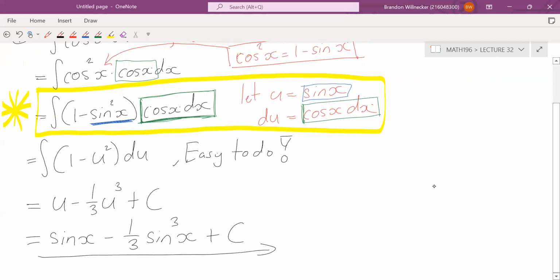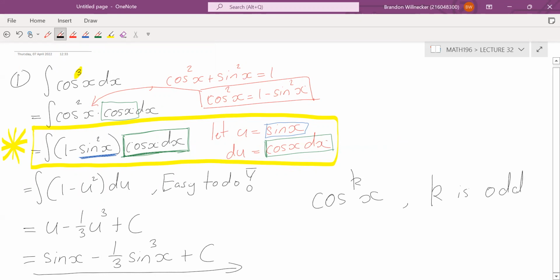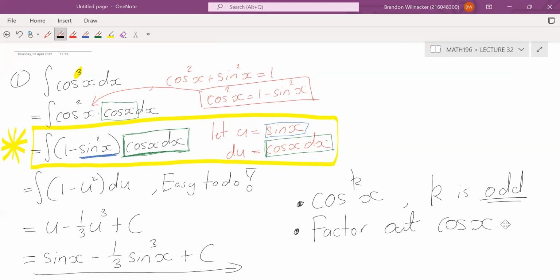Okay, so we see that in this case, think of it as your first case dealing with trig integrals. If you have cos to an odd power, so we have cos kx, where k is odd, then we can factor out a cos x, so that we have cos x dx on the side.